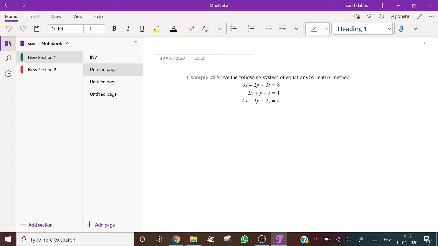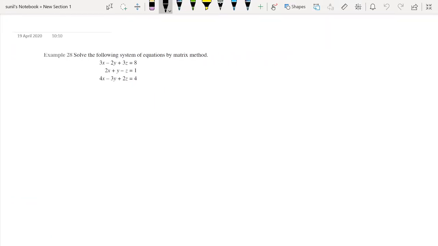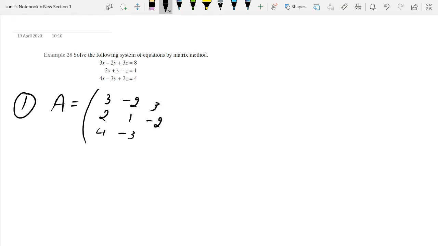Now we will discuss this problem. Solve the system of equations by the matrix method. First, write its coefficient matrix. It will be 3 2 4, -2 1 -3, 3 -1 2, and the unknown matrix X: x y z.